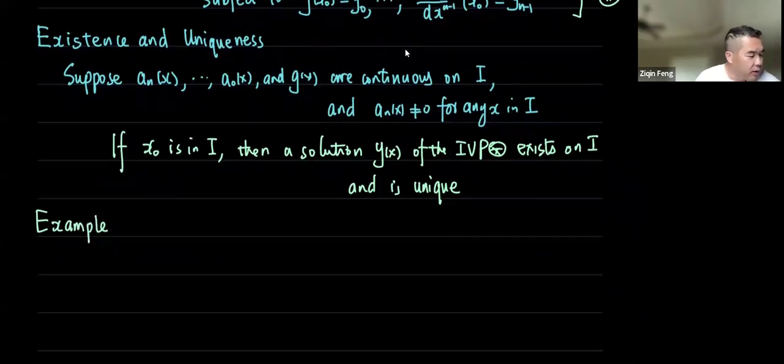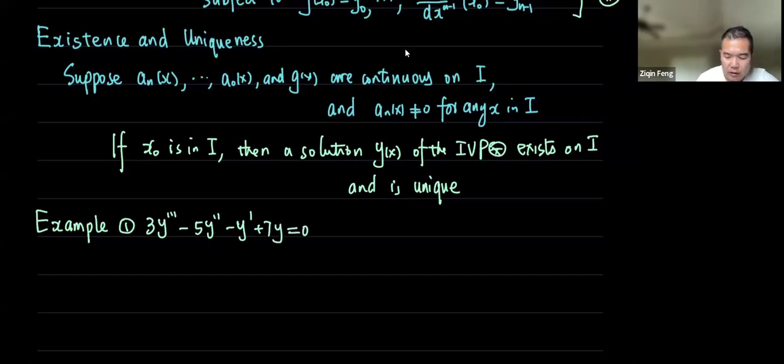The first one here is an initial value problem which is third order: 3y triple prime minus 5y double prime minus y prime plus 7y equal to 0. That looks like a very complicated differential equation.